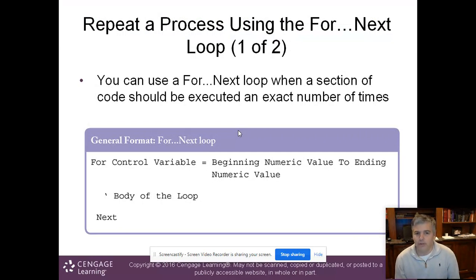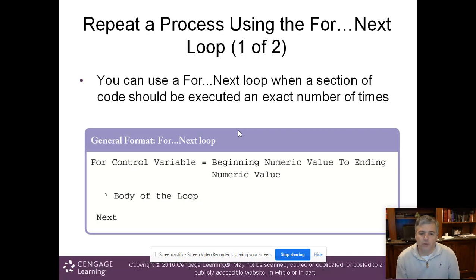The first type of loop, and I think for next loops are the easiest kind of loops to understand, is a for next loop. You can use a for next loop when a section of code should be executed an exact number of times. For loops are good when you know exactly how many times you want the loop to iterate.